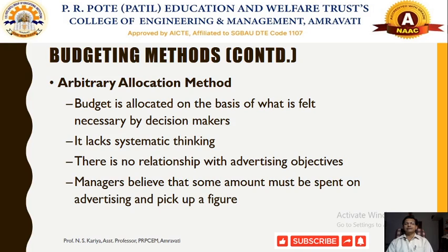So arbitrarily the top management will decide, and they will consider we need to advertise because many of the competitors as well as manufacturers are spending heavily on advertising, and therefore they decide we need to spend, say, 5 crore or 10 crore using this arbitrary method of allocation. So randomly they think, and there is no effective planning by the top management.